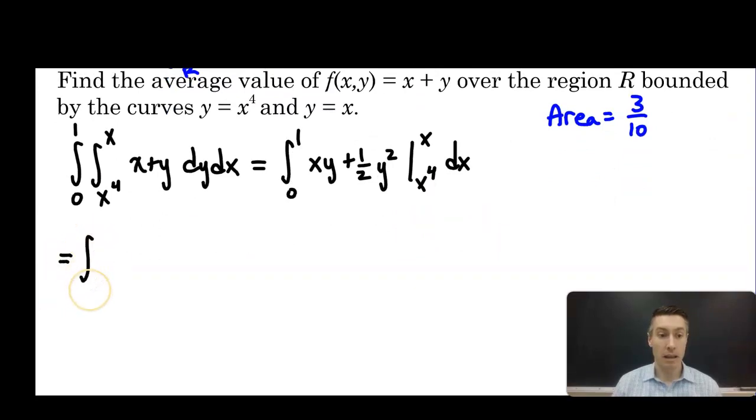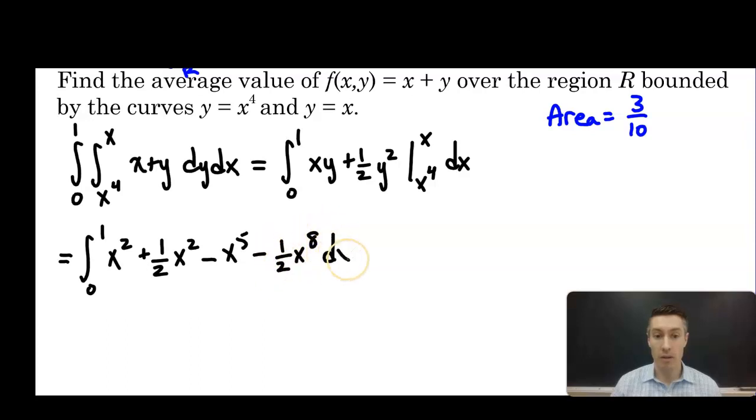So that's going to be the integral from 0 to 1 of x squared plus 1/2 x squared minus x to the 5th minus 1/2 x to the 8th dx.